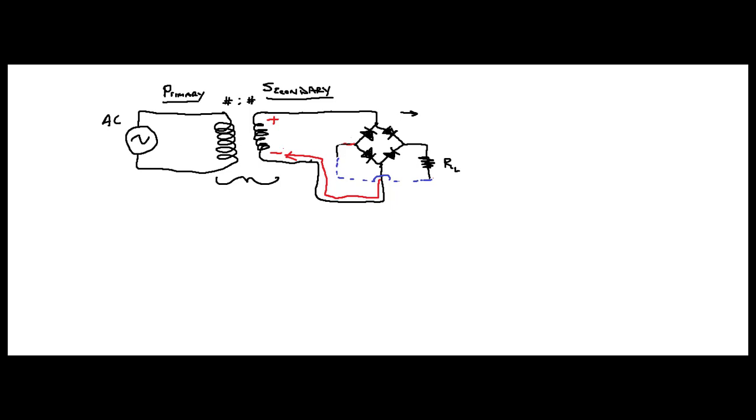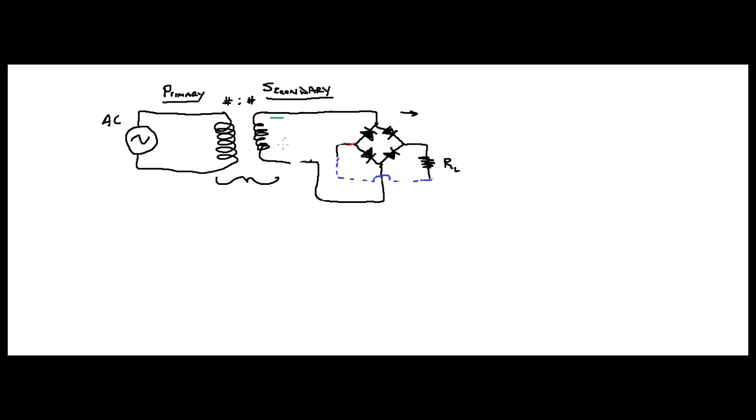The other one I did in red. Let's do this one in green. I should get rid of this one, shouldn't I? I'm sorry. Alright, so let's do the next one in green.